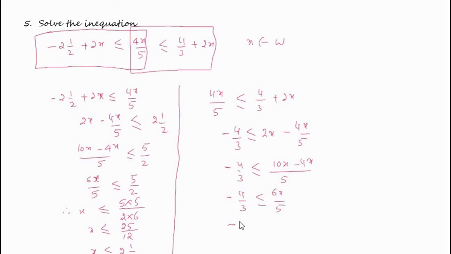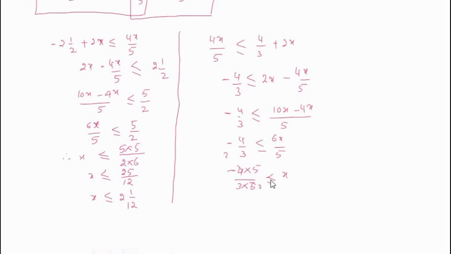So it is minus 4 into 5 divided by 3 into 6 less than or equal to x. So this is 2 times, so this is 3 times. So minus 10 divided by 9 less than or equal to x.